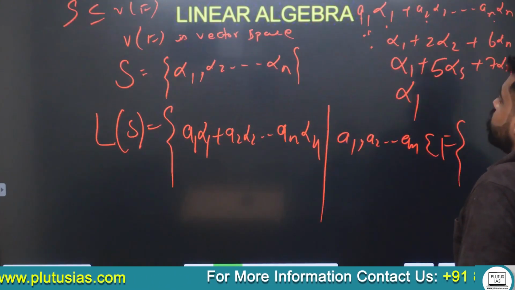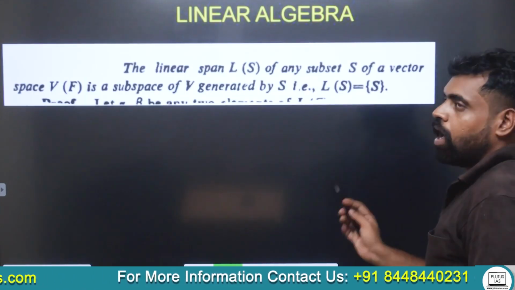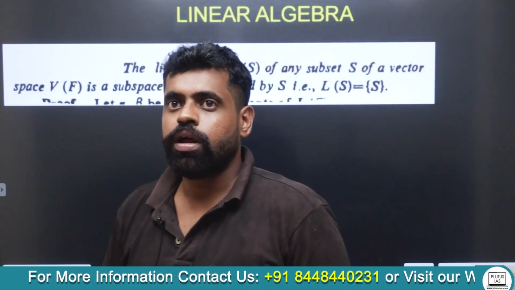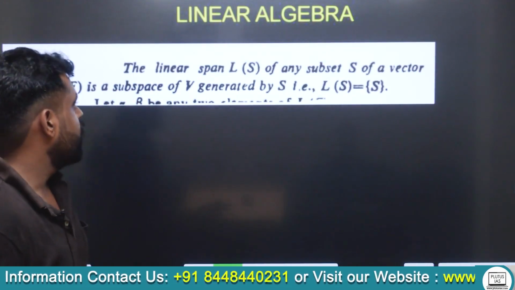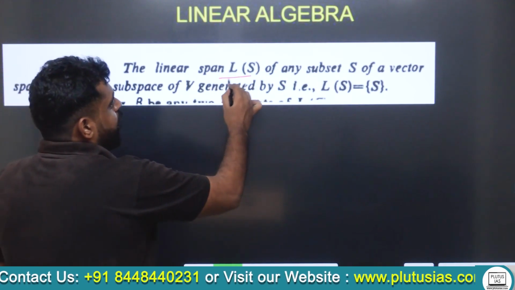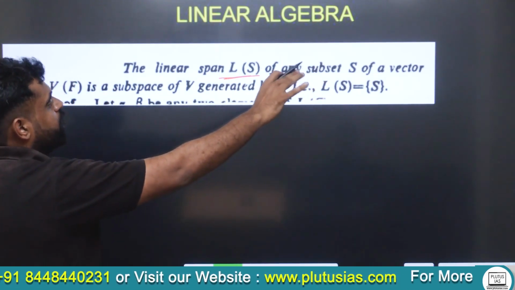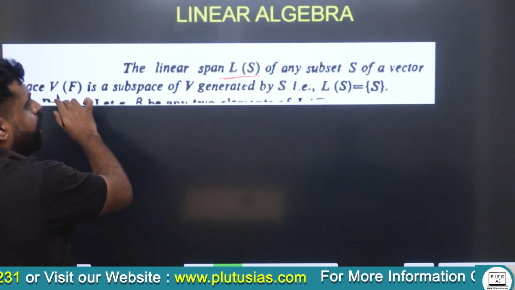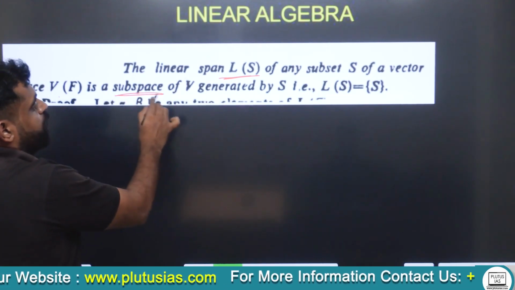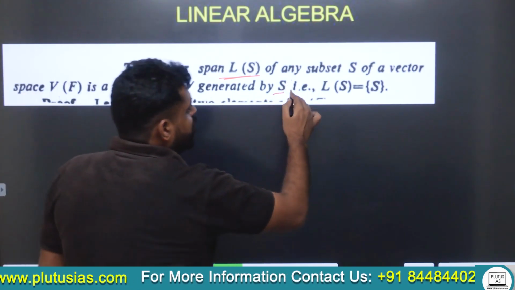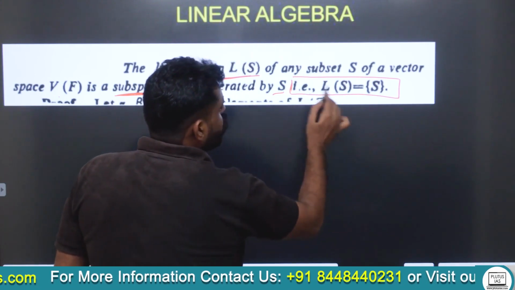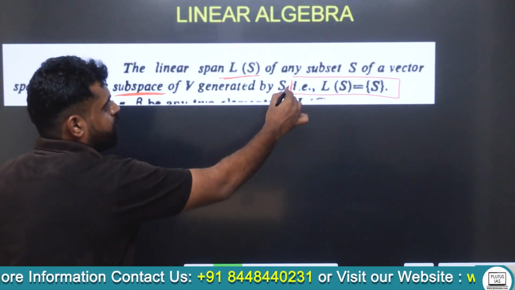So moving on, this concept should be clear. Now we have a question here for you all. The question is: the linear span LS of any subset S of a vector space V is a subspace of V generated by S. Please don't see this part, I'll teach you what it means. For now, you see only this one.